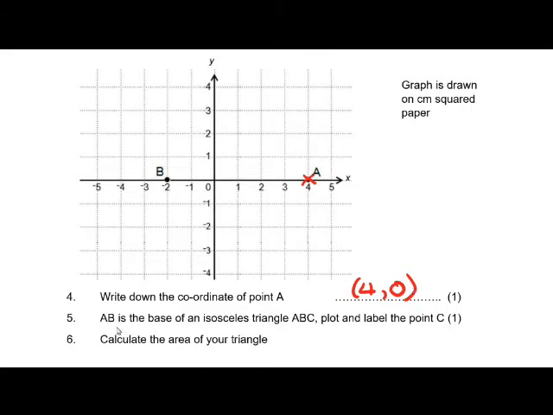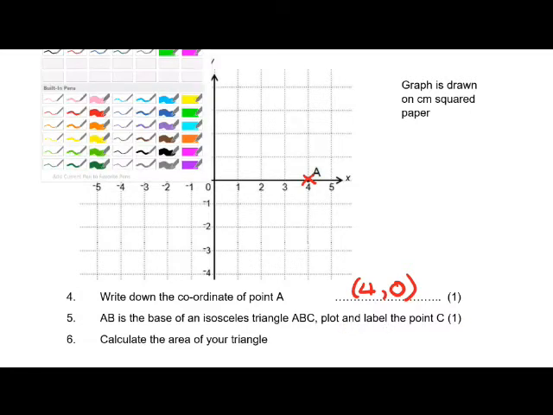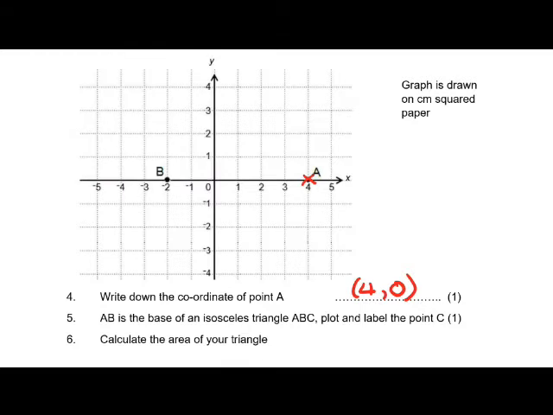Question 5 is stating that AB is the base of an isosceles triangle ABC. Plot and label the point C. Now there are lots of options for C. If this is the base of the triangle between A and B, if we take the midpoint, which is 1, and go here, or here, or here, or here.